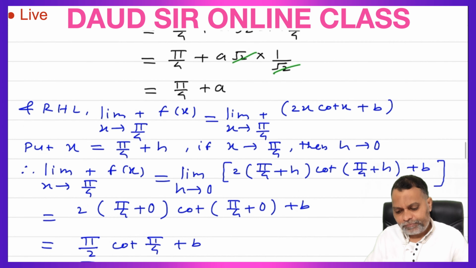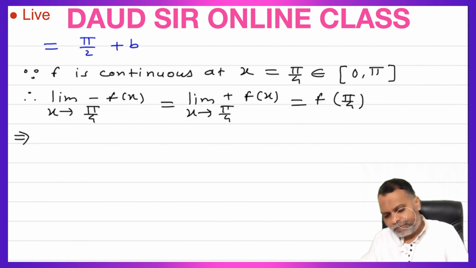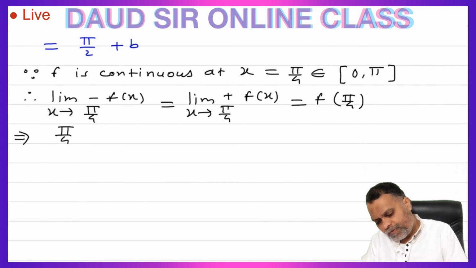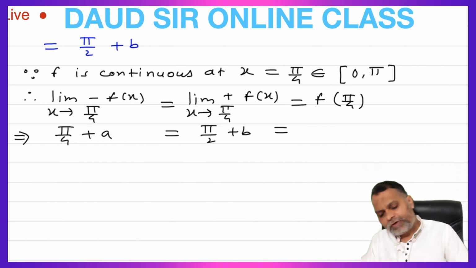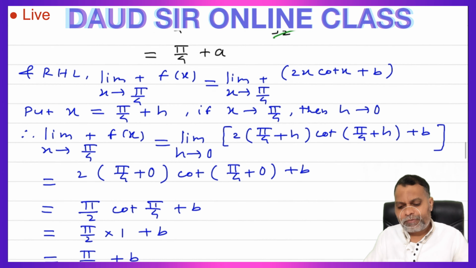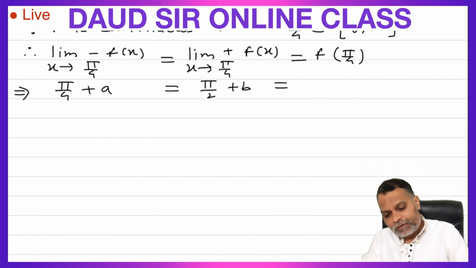Left hand limit pi by 4 plus a, right hand limit pi by 2 plus b is equal to f of pi by 4, which is pi by 4 plus a.